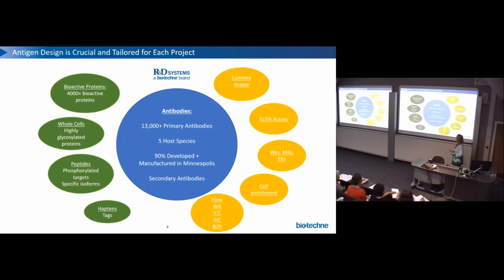Again, we are using a lot of our bioactive proteins, and we make sure that they are truly bioactive and not just that they meet the size criteria that we're after. We do more and more whole cell immunizations. That becomes important on more the receptors, full-length receptors especially. Obviously, you cannot always make just the extracellular domain.